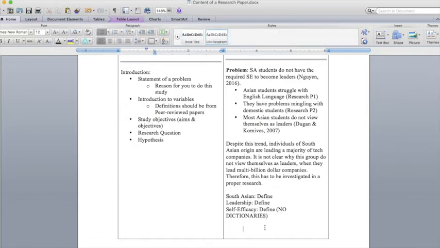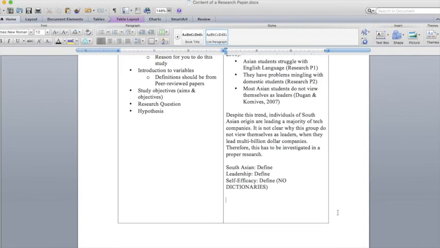Now, once you do that, your professor or teacher might ask, okay, it is clear that you have a good problem, but why do you need to study this? What are you going to find by doing this? So, your aims and objectives.